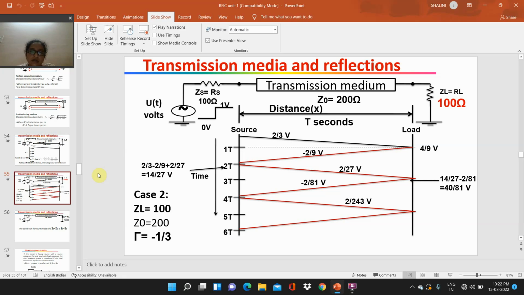Here ZL is equal to RL is equal to 100 ohms and Z0 is equal to 200 ohms.